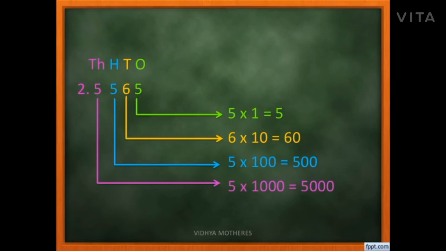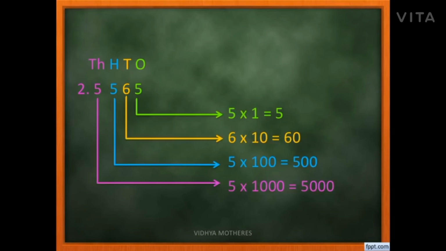One more concept. Let us find the face value of the green 5. The face value of 5 is 5. Similarly, the face value for the blue 5 is also 5. The face value for the purple 5 is also 5. So we can understand that the face value does not change.